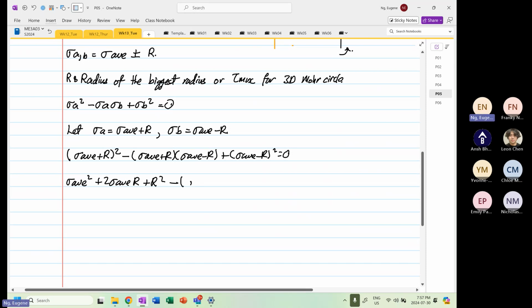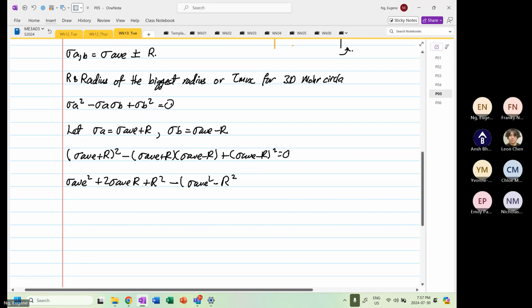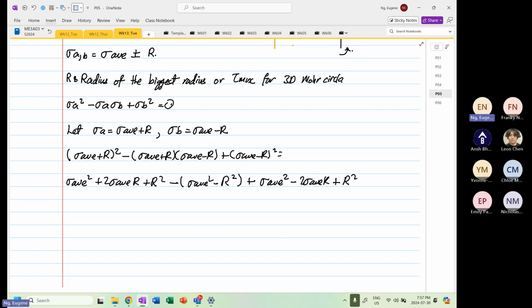So minus stress average squared minus... this one times the minus and minus R squared. Right, then plus stress average squared minus 2 stress average R plus R squared, the whole thing. Oh, it's not equal to 0, sorry. Has to be less. Sorry, this is not equal to 0. Okay, stress U.